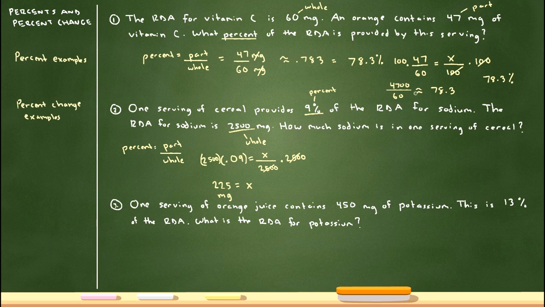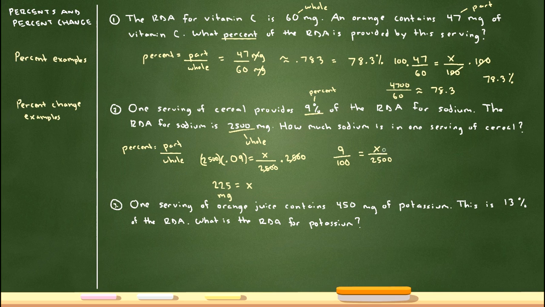Now I had mentioned a second way to do it up here by setting up a ratio. What we have is a proportion, one ratio equal to another ratio. So we're given 9%, right? That's 9 out of 100. So this is saying 9% is equal to, and then the ratio here will be x over 2,500.